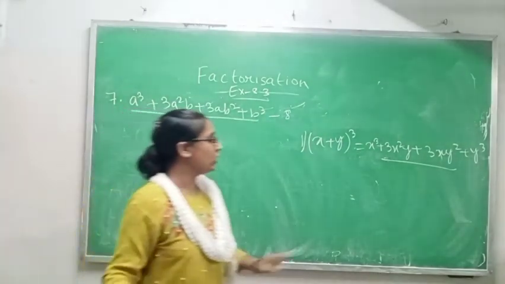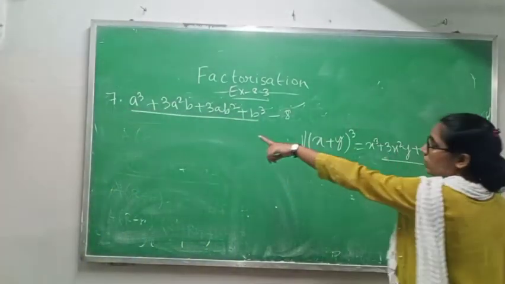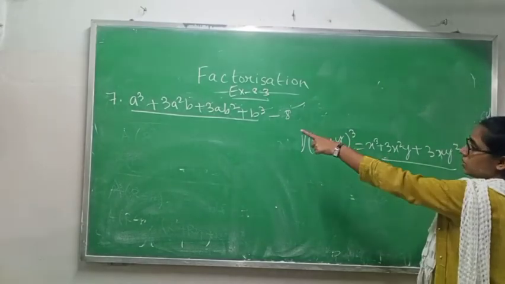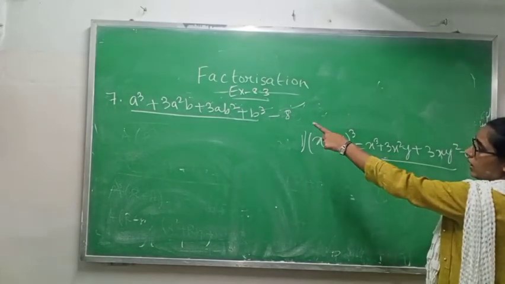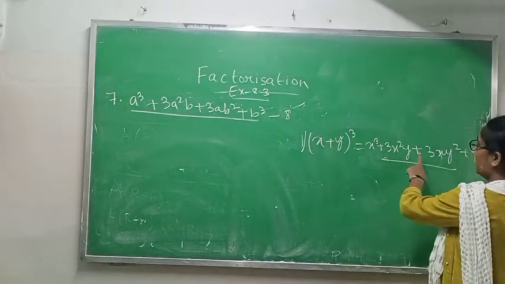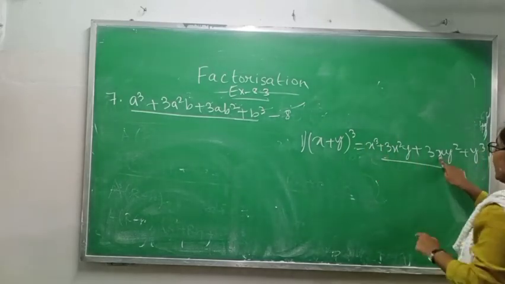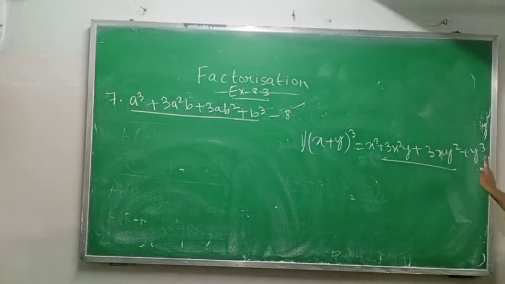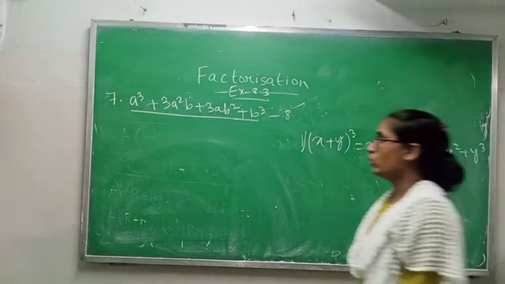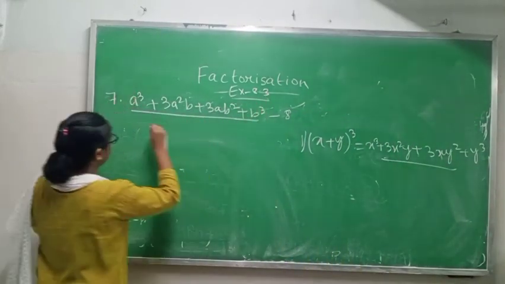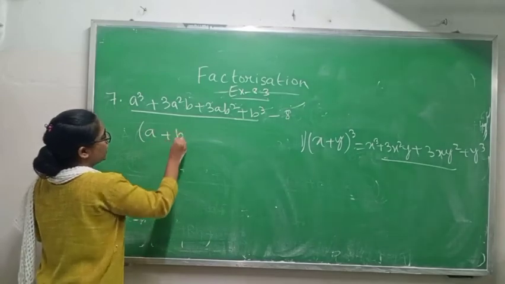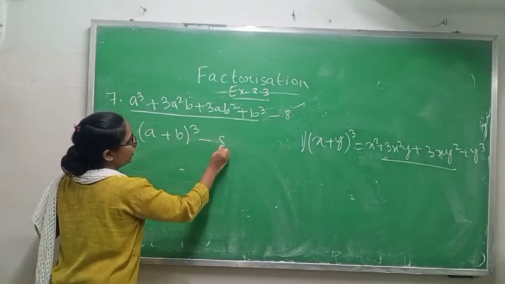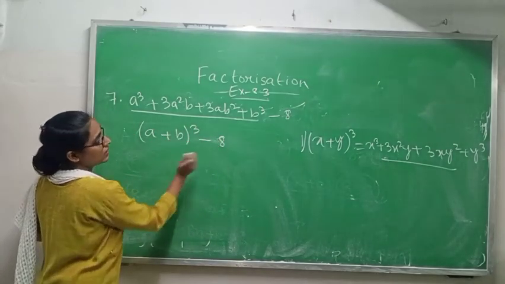Otherwise all things are the same. So in this whole place, we can write a plus b whole cube. Understood? And minus 8 as it is.